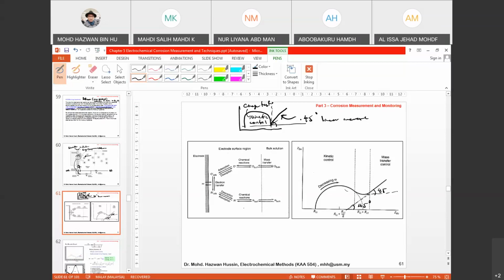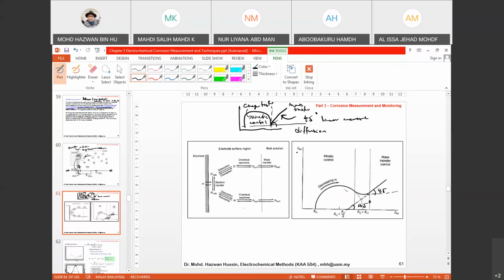Now, the process is being determined not by the charge transfer, but by mass transfer, because as I told you, the pattern that you get over here is due to the diffusion effect.